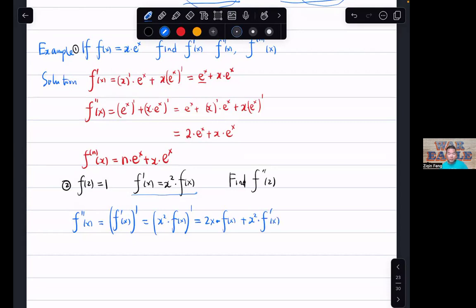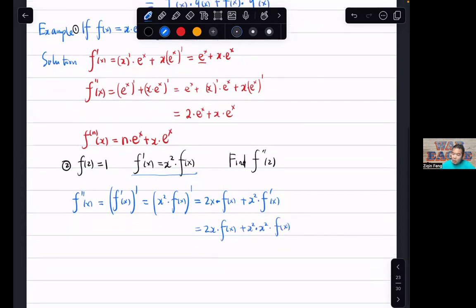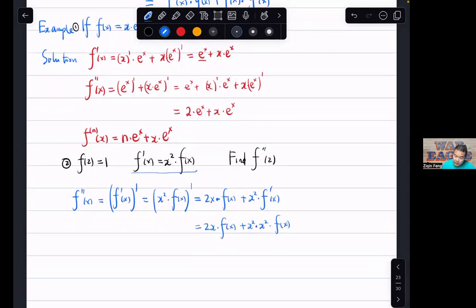So we know f of 2, right? So all you want to do is now plug in f prime of x, right? So this is equal to 2x times f of x plus x squared times x squared times f of x. Now we are ready to evaluate f double prime of 2.